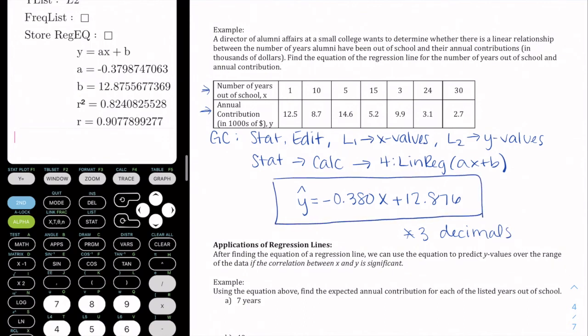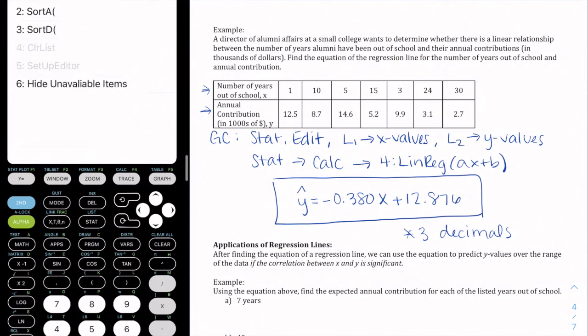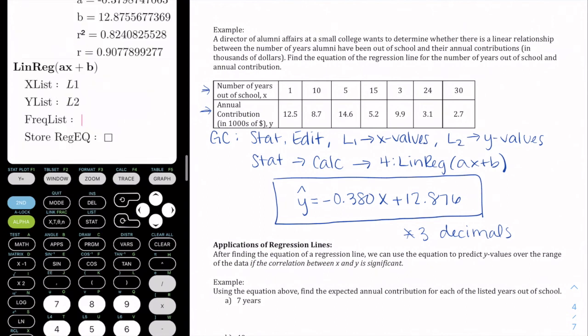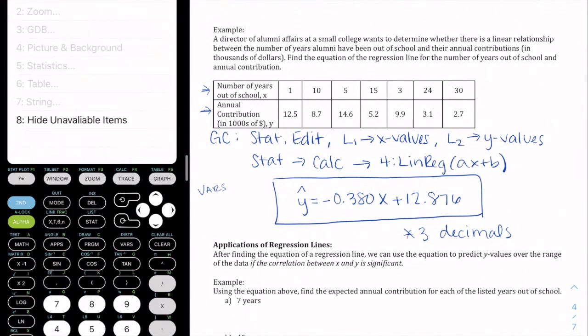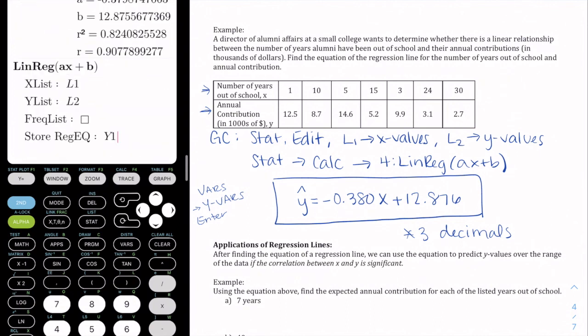Okay, so remember our correlation coefficient was negative, and from our scatter plot we could tell it was negative, so that's one way we can see it. One thing that will help you on your homework: I'm going to go back to Stat, go to Calc, 4, where it says Store RegEQ. If you go to VARS, that's just underneath your arrows, and you go to Y-VARS, using the right arrow, hit enter, and then hit enter.